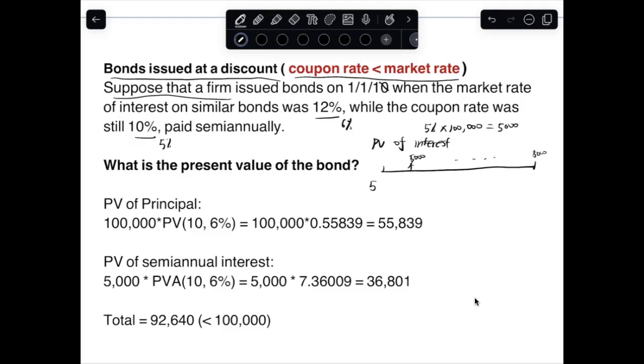So the present value of the annuity of the interest is 5,000 times the PVA 10, and here use the 6%, because the 5% makes nothing to you here. You should discount at the market rate.